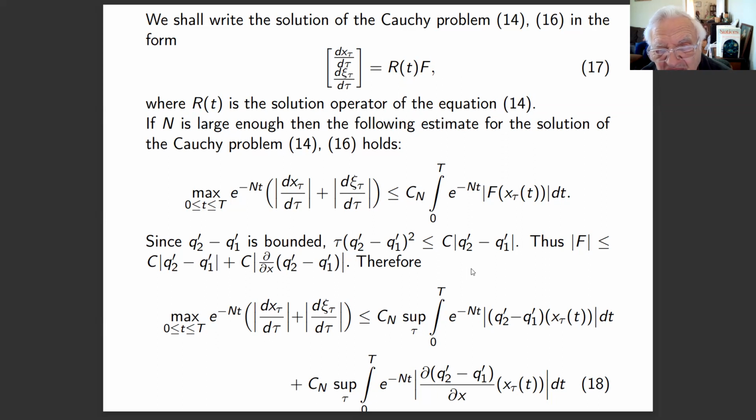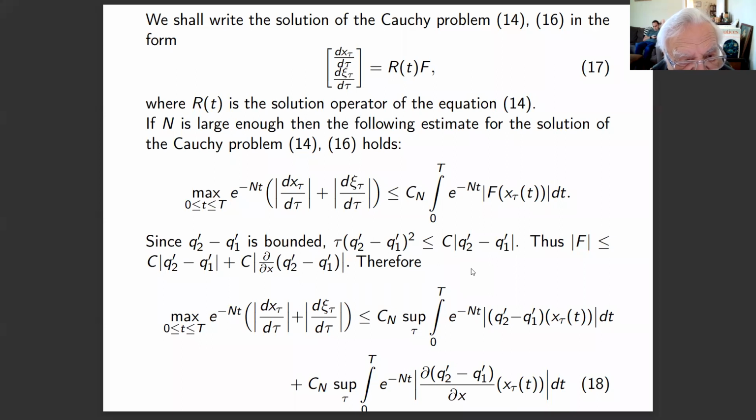What we need to prove is that the maximum norm of the derivatives in tau of xi tau and x tau with weight e minus nt is less than or equal to the L1 norm of the right hand side, capital F, with the same weight.